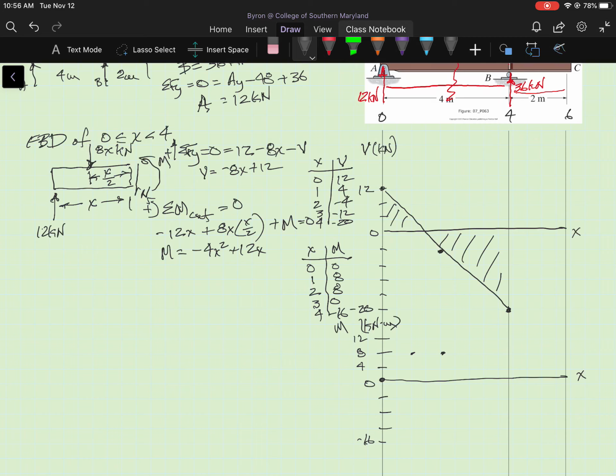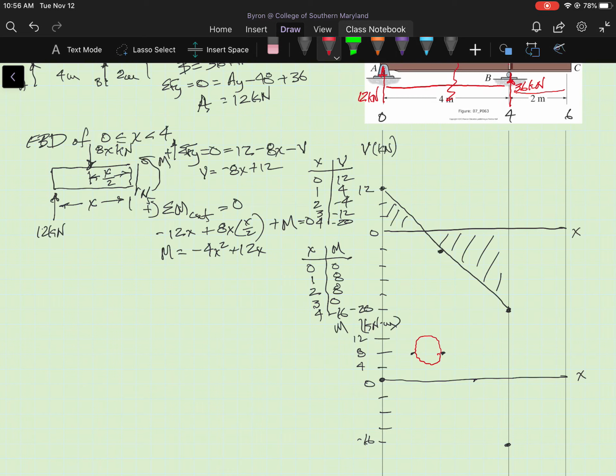At 3, I'm back at 0. And at 4, I'm at negative 16. Now there's a point somewhere between x equals 1 and x equals 2 that's the maximum value of the moment for this segment of the beam.